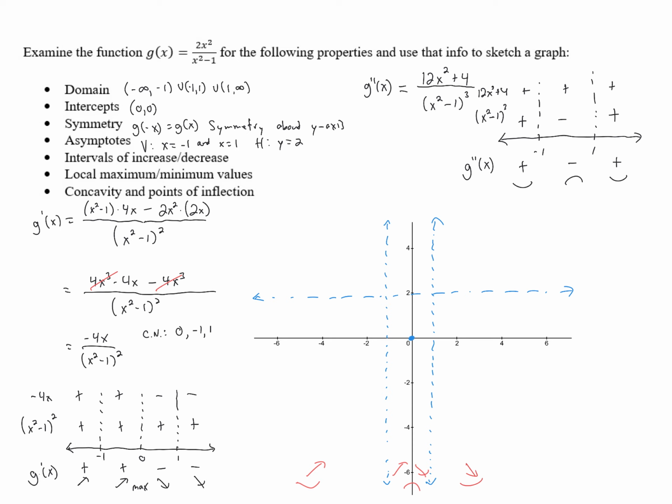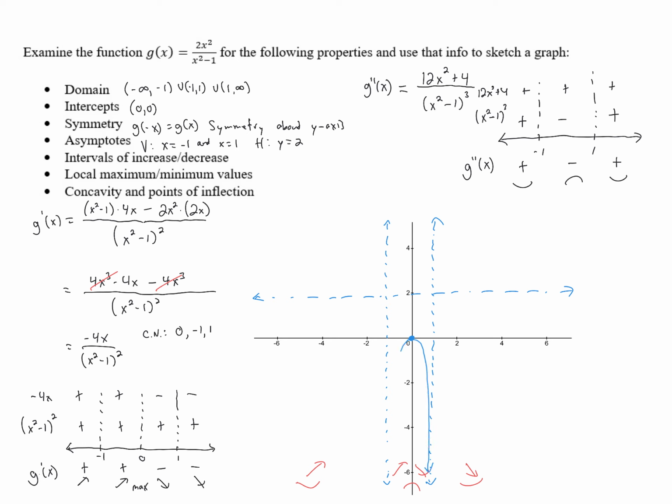If we look in the middle here, this point at the origin is a local maximum, and we know that it's decreasing and concave down to the right and increasing and concave down to the left. And we've got these asymptotes as guidelines, so I think we're going to have something like this.